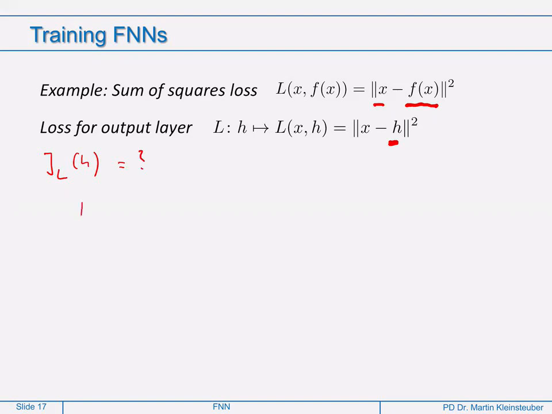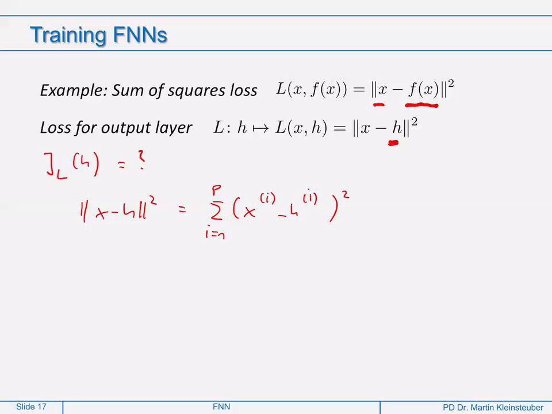Okay, so we have the norm of x minus h squared, which is the sum of the components xi minus hi squared, i is 1 to O, the output layer dimension, but it's the same as the input dimension in that case. So we can name it P, it doesn't matter, the size of our vectors.